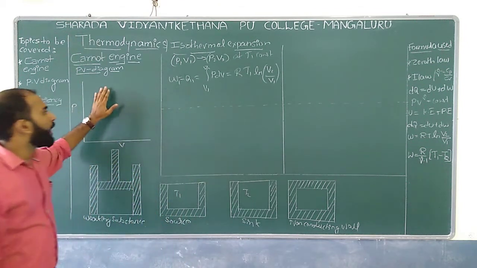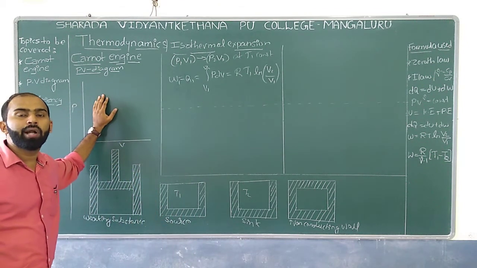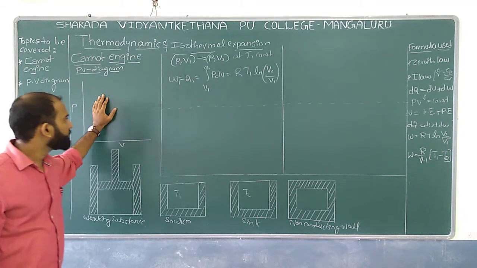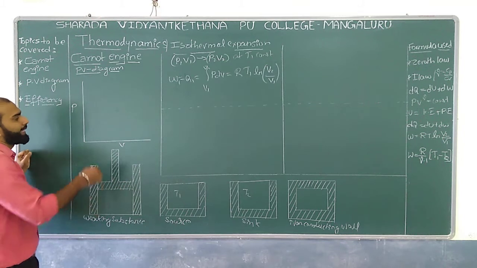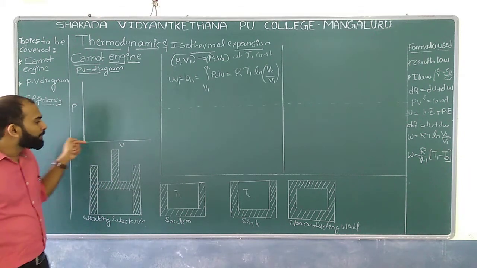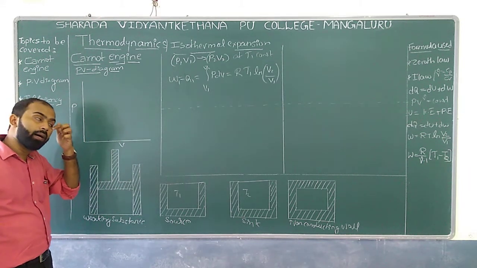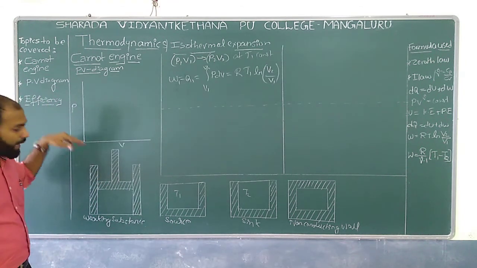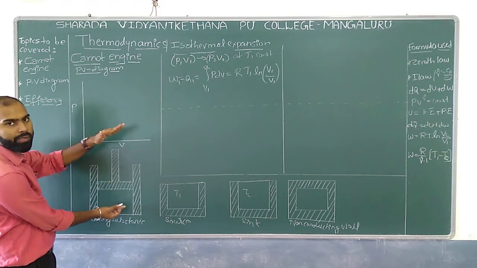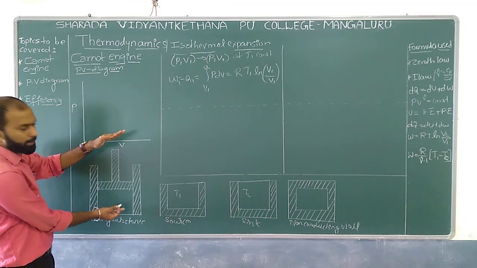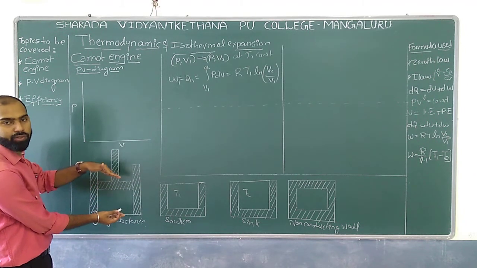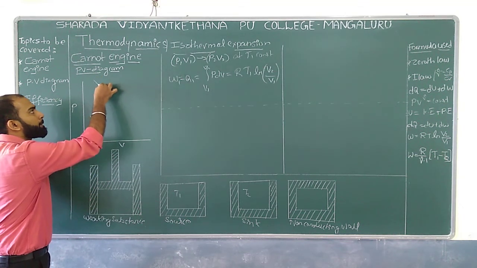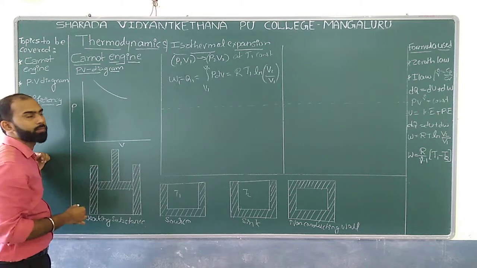Similarly, along with this, your job is to plot one graph over here. What is the graph we can plot over here? It's very simple. As the volume increases, don't you think the pressure is going to decrease? As this piston is moving in the upward direction, can I expect there is a decrease in pressure? So we can expect a curve somewhat like this.